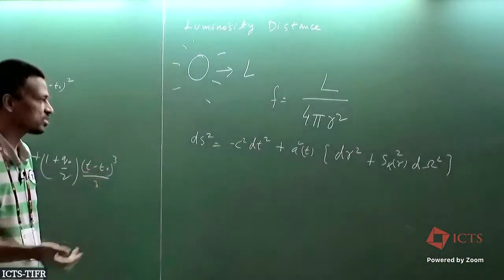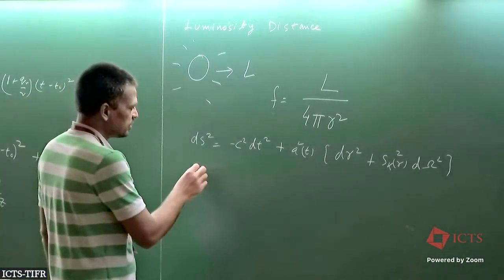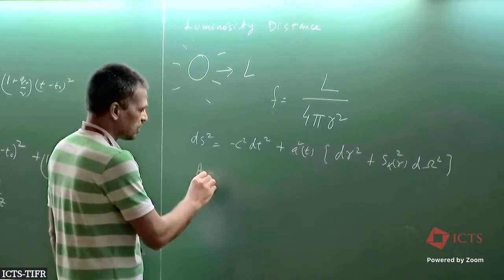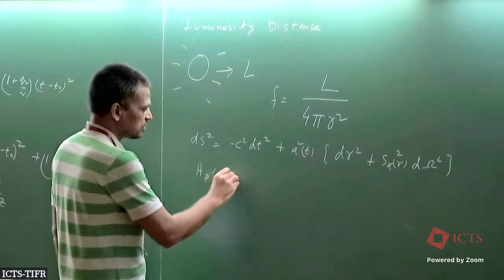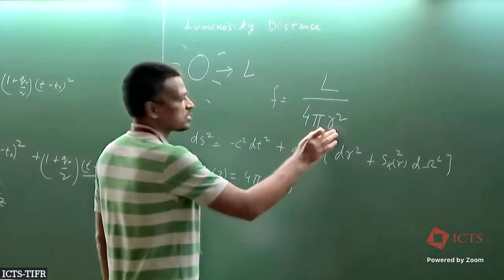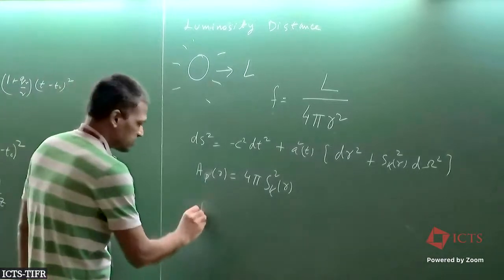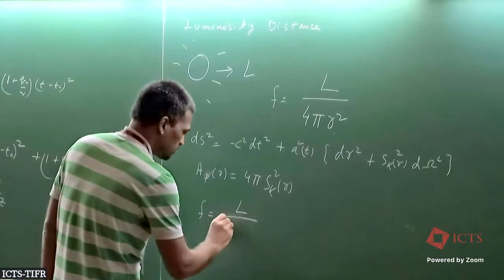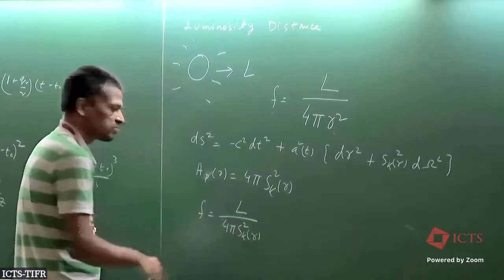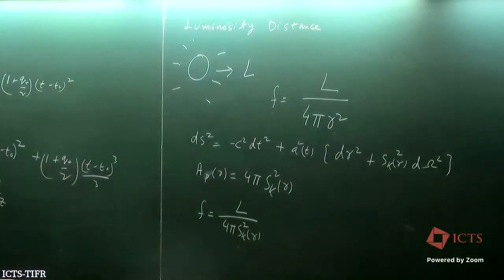It will be sine or sinh functions. I'll not write that, but in general, what this is going to give you is that the area at a certain r is essentially 4 pi S kappa squared rather than just r squared. So that will be the first change. So the flux is going to be this, which is what you are going to observe, and so you are going to measure S kappa, which is essentially the proper distance. But that's not all.